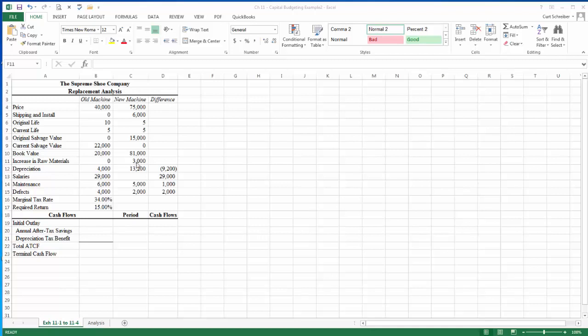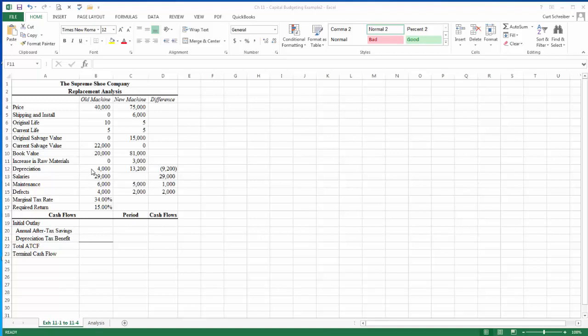In addition, the problem tells us that we are going to have to increase our inventory by $3,000 to sustain the additional production capabilities of our machine. So we're going to have an additional $3,000 of cash out to get the new machine up and running.